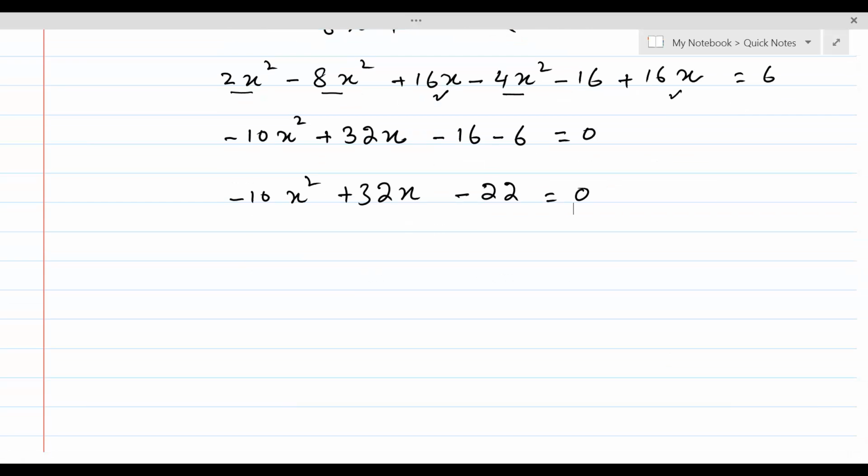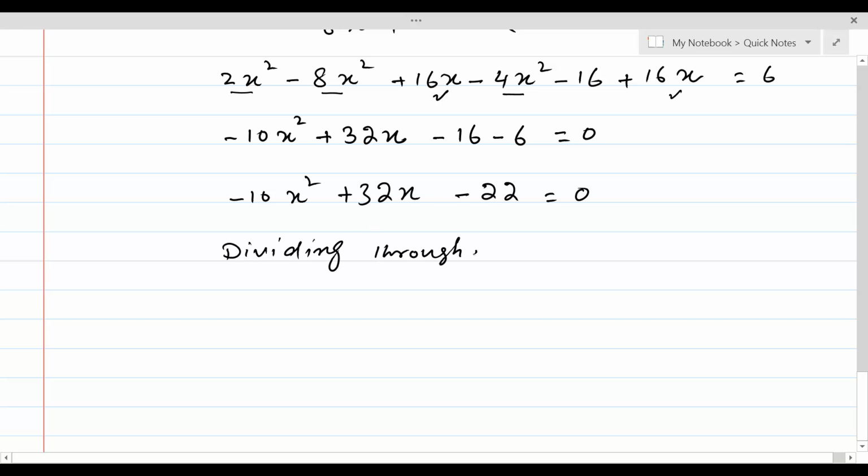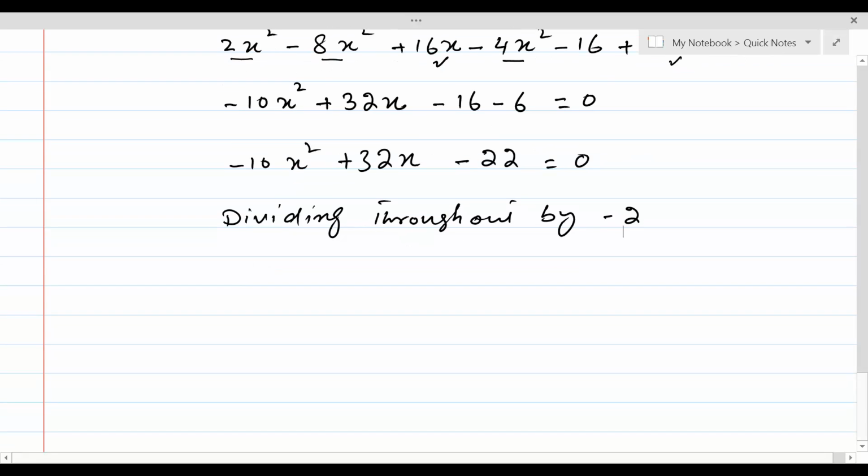And dividing throughout by minus 2, that will give us 5x square minus 16x plus 11 equal to 0.